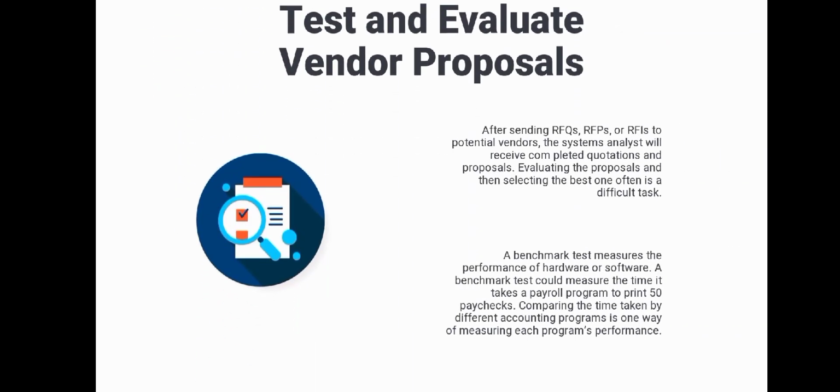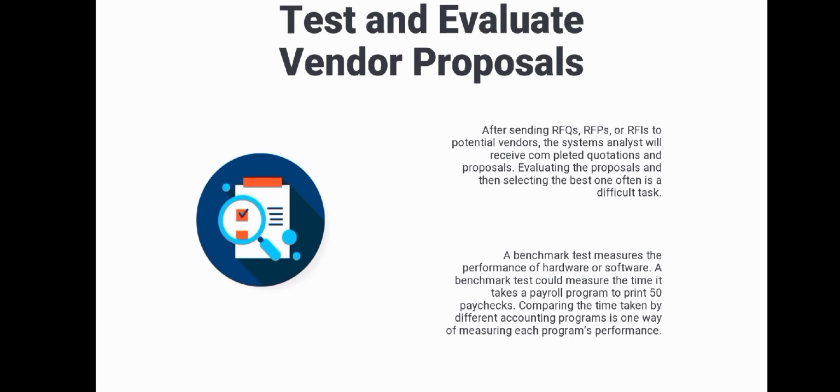Test and evaluate vendor proposals. After sending RFQs, RFPs, and RFIs to potential vendors, the system analyst will receive completed quotations and proposals. Evaluating the proposals and then selecting the best one is a difficult task. System analysts use many techniques to test the various products. From vendors, they obtain a list of user references for the software.